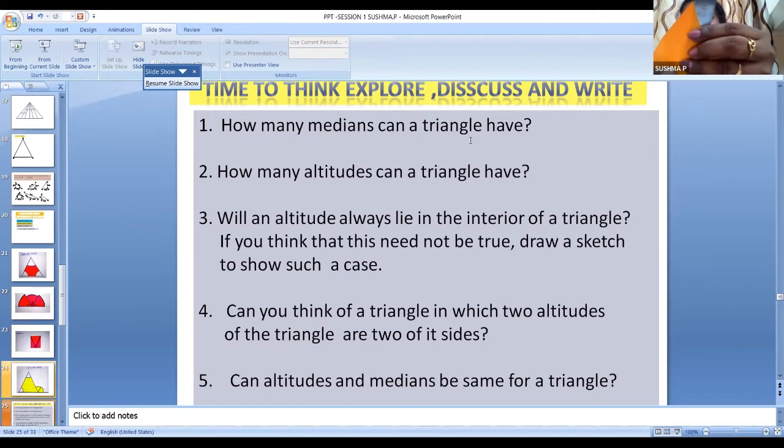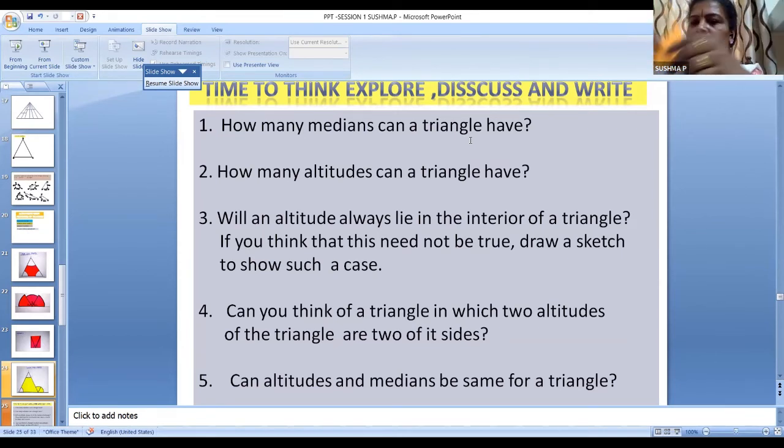Using a scale makes the work easy. Just hold it so that they are in one line, and then make the crease. See, the second median we could also get. Now similarly, you can find out the third also.